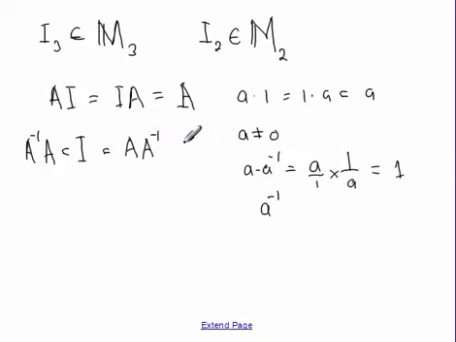The question is, does this happen with matrices? Does this happen with matrices? The answer is a big yes, but under certain conditions.